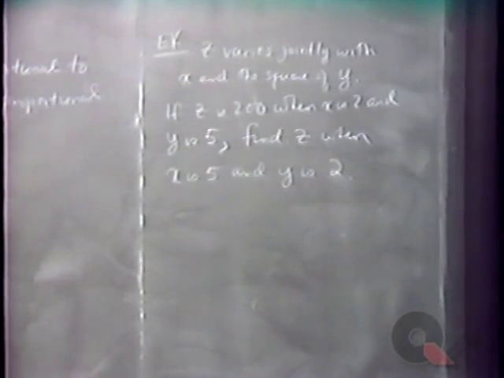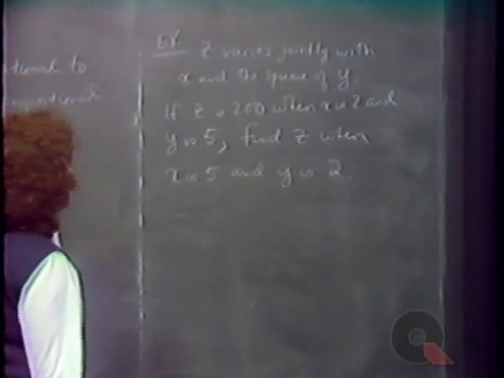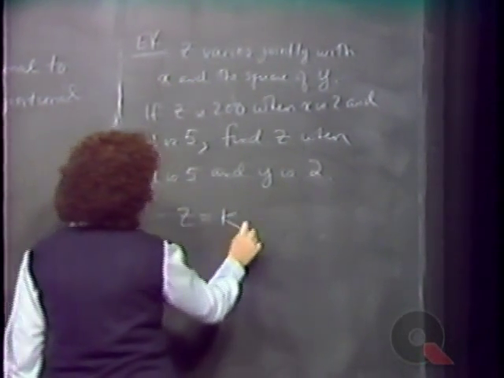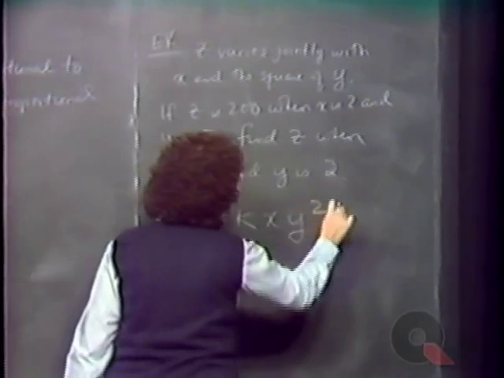And this will be our last example on this tape. Z varies jointly with x and the square of y.